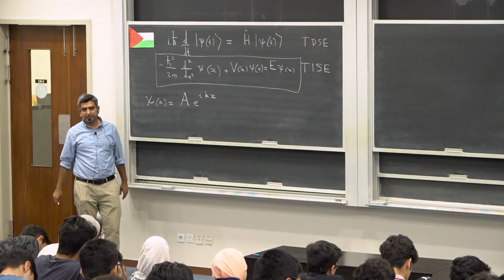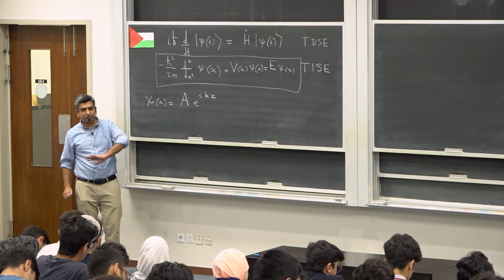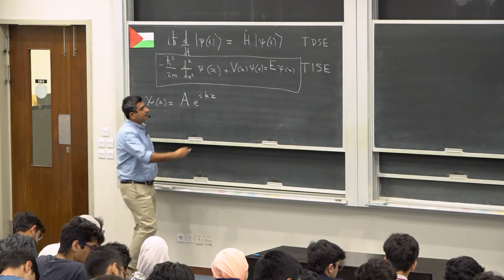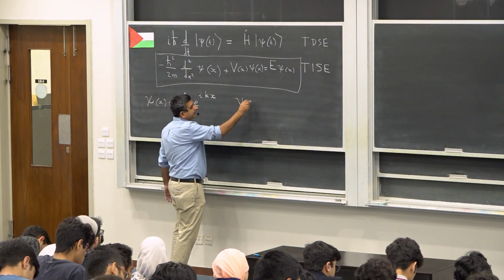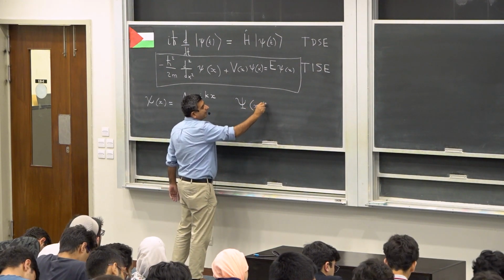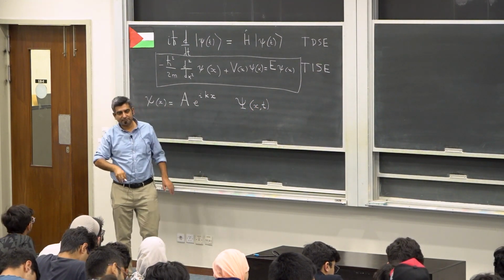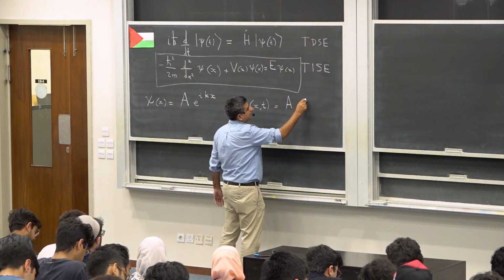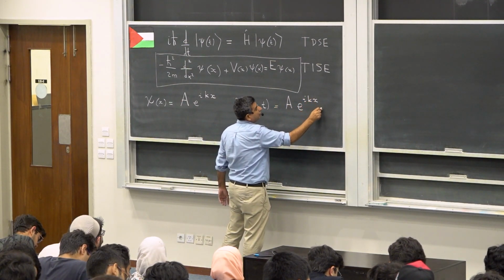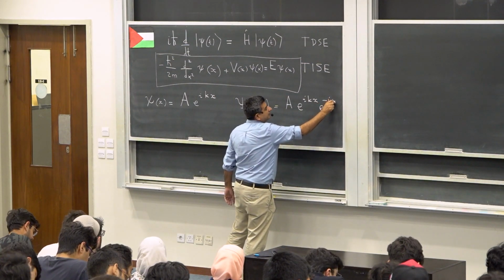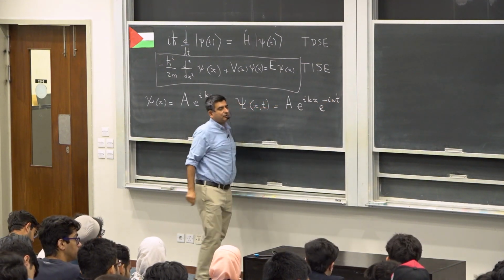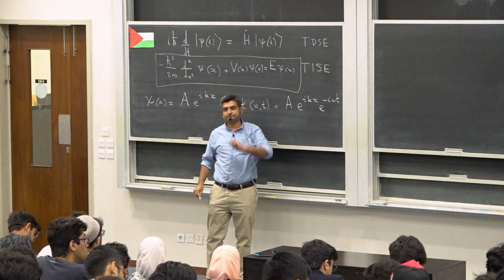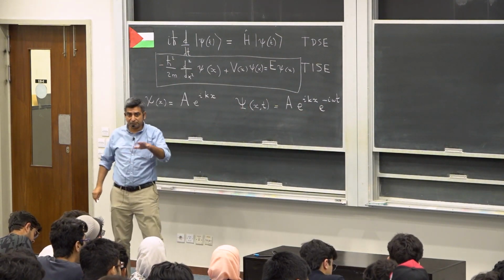This is the wave function representing a particle moving from left to right. And if you would like to also factor in the time dependence, we write this big psi. This big psi is the space dependent part alongside a time dependent part, e to the minus i omega t. Okay, so this is what we've done so far.